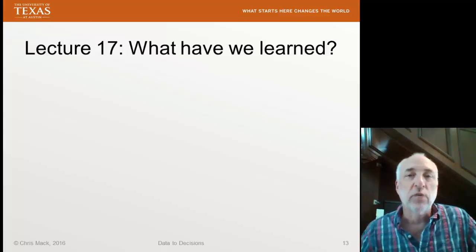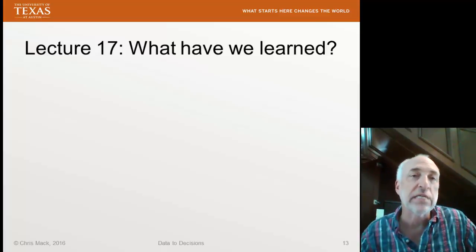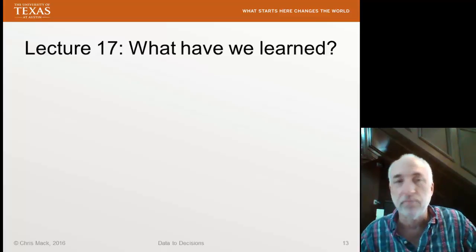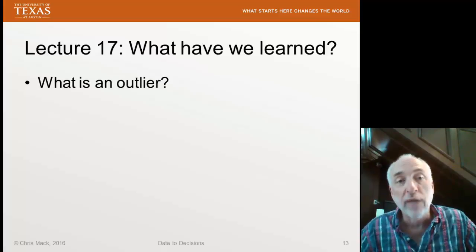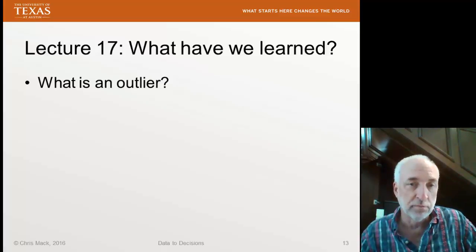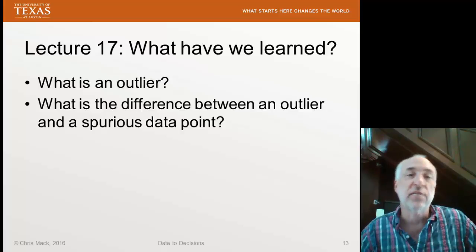All right, let's look at what we've learned in Lecture 17. As always, you should be able to quickly and easily answer each of these questions. If not, please go back and review the material. What is an outlier? Please provide the definition. What is the difference between an outlier and a spurious data point?